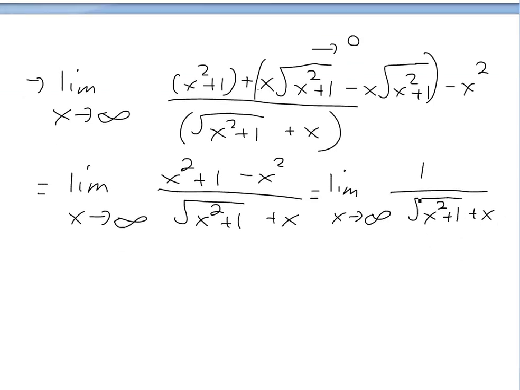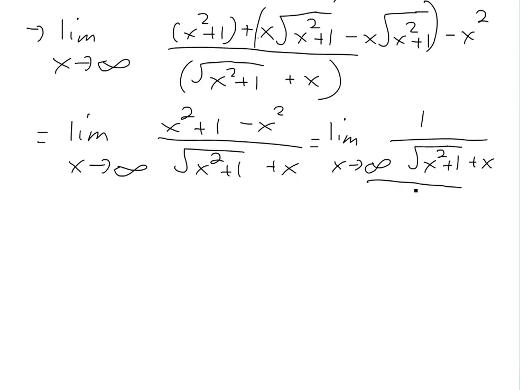So again, we can't really divide this out. No, actually, you can divide this out. In my calculus book, it goes further than this step and divides by the highest power. In this case, it's going to be this x, because remember, the square root of x squared is going to be x. So it divides by x on both sides, and it gets basically 0. But we could just stop right here.